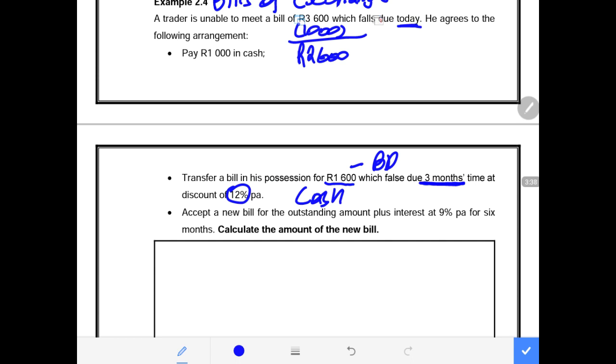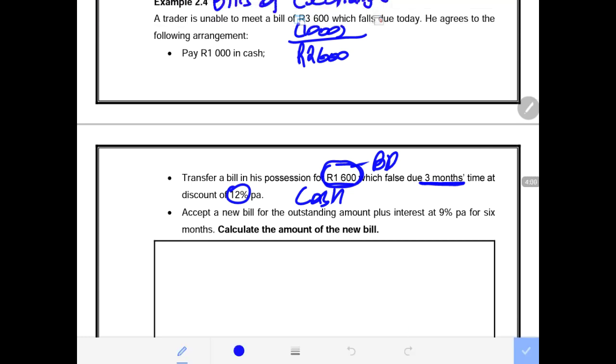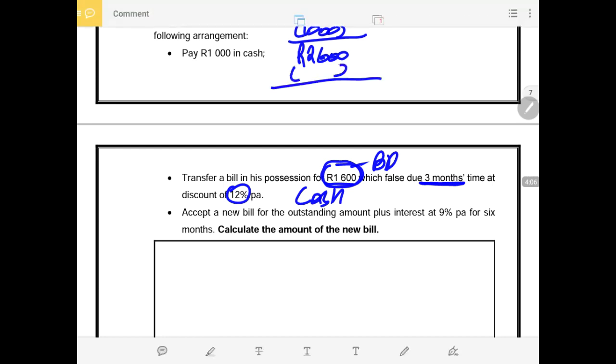Then this gentleman is going to get the difference between the face value of the bill and the banker's discount, so he's going to get the cash value of this bill. Obviously, after the bank has deducted interest from 1.6, he will still not be able to settle the 2.6 that is owing, but we still need to know how much will be the remainder after this person has paid with the cash value of this bill.